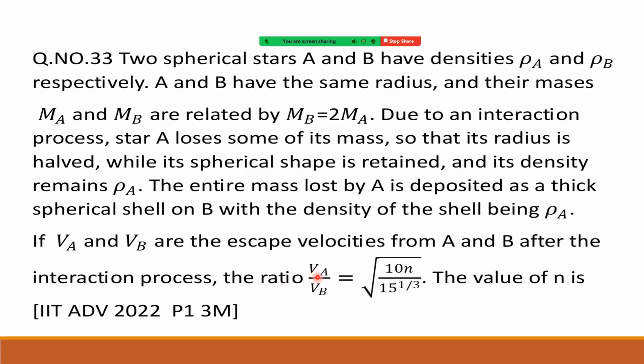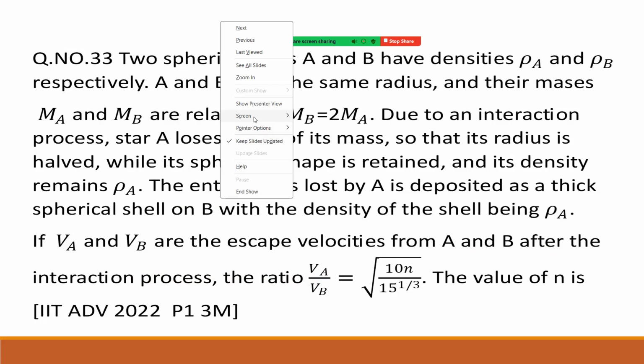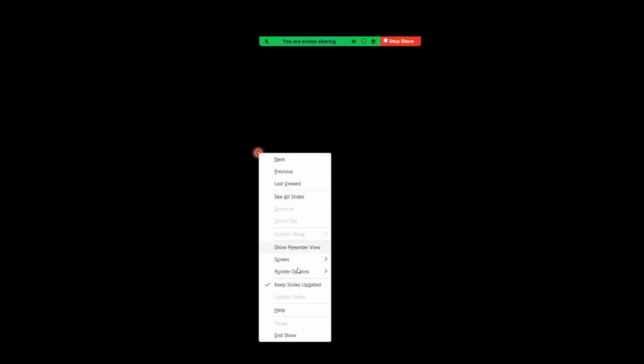So in this we now have to calculate the value of N, right? Let's see how to start the problem. VA by VB. So first write down the given data.